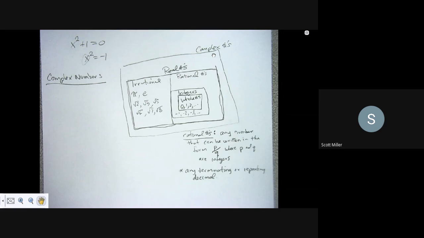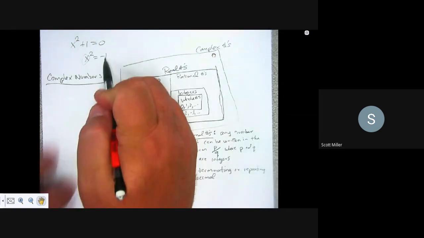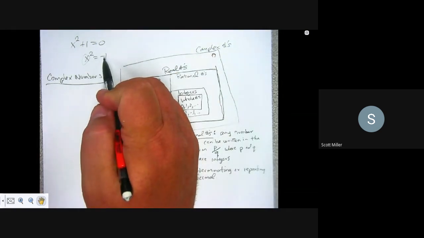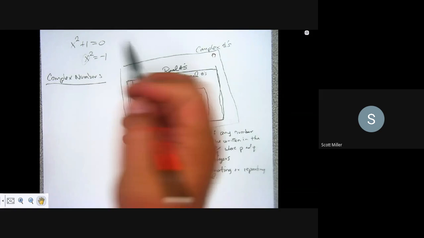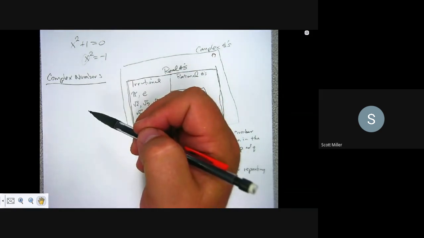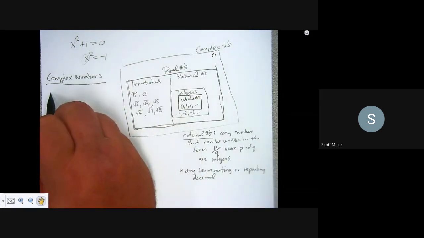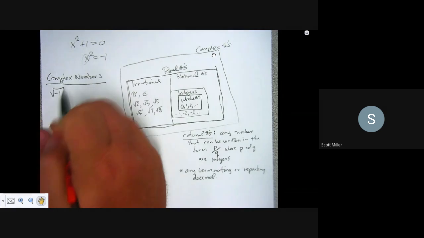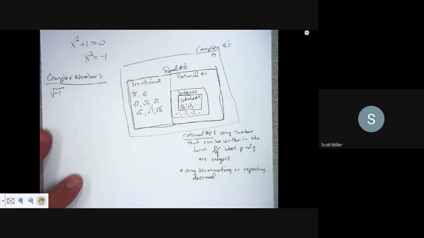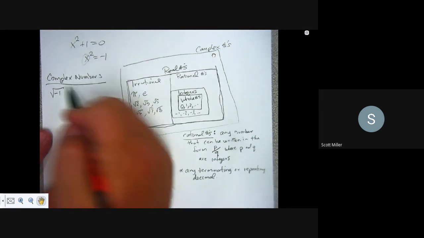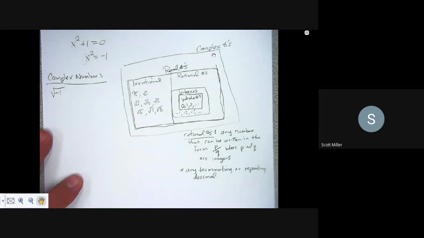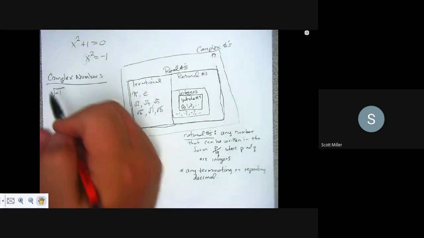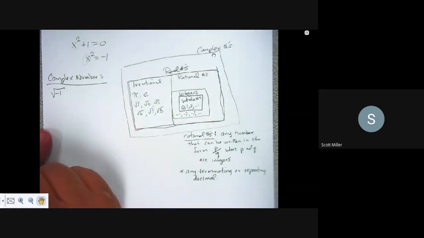What's its characteristics? Well, if I have a 1 here instead of a negative 1, if I have a positive 1, I would just take the square root of both sides. But we know that doesn't make any sense in the real numbers. But imagine that it does exist. This is what it looks like. The square root of negative 1.